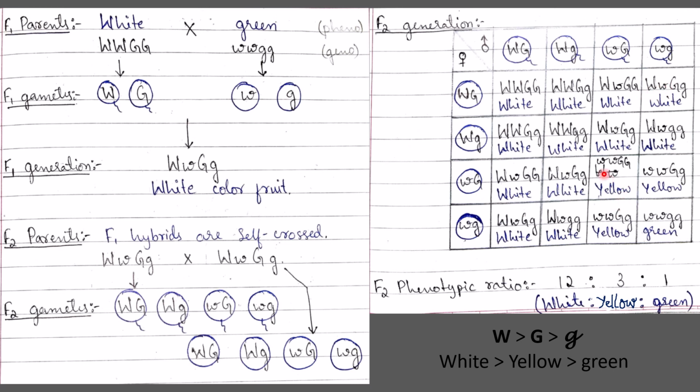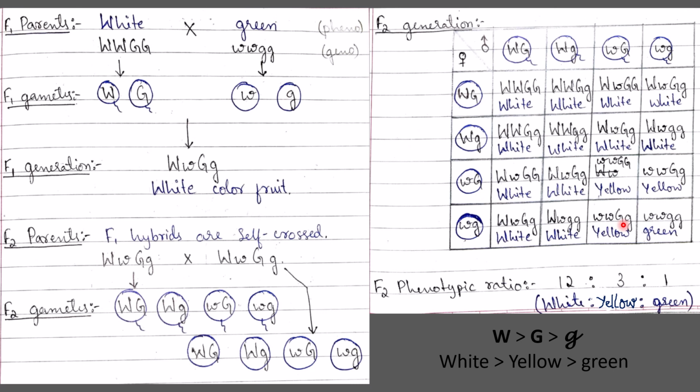And whenever this dominant gene W is absent, only then I can consider the G alleles. If the G alleles are dominant, then their color will be produced, that is yellow. Here one of them is dominant G, so yellow color is being produced.